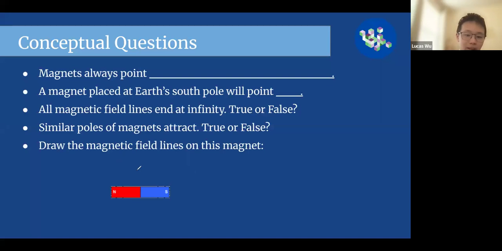Draw the magnetic field lines on this magnet. I'll give you guys a couple minutes to think about these problems. Just remember what we were talking about with magnets, and send your answers to me in the chat, and I'll tell you whether they're right or wrong.